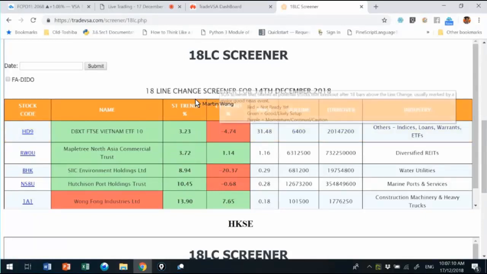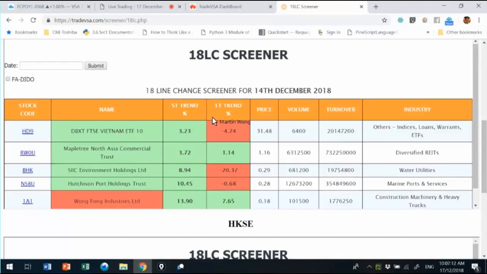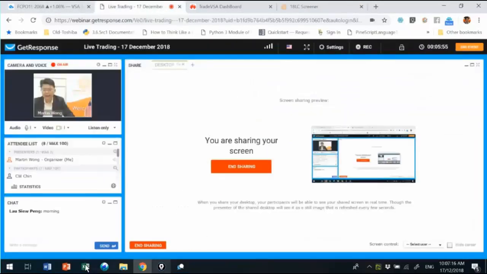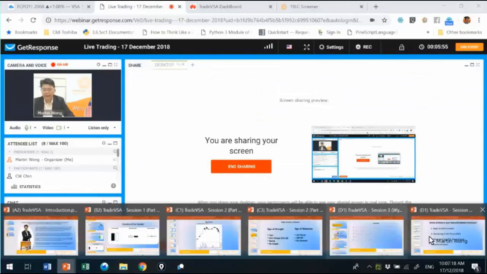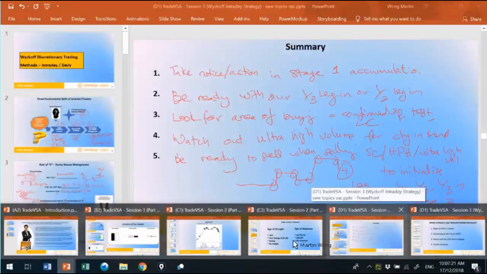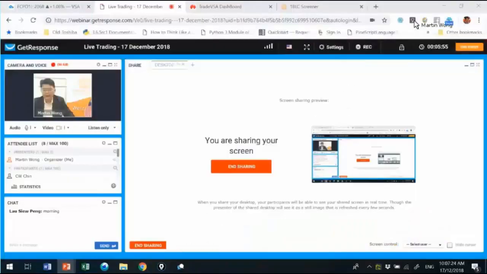If you look at where we are now, we're currently on the summary part. So after that, we talked about the sign of strength and sign of weakness.